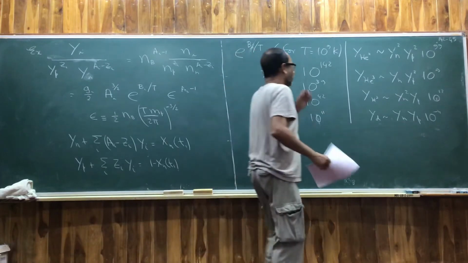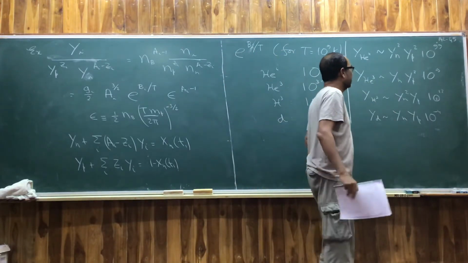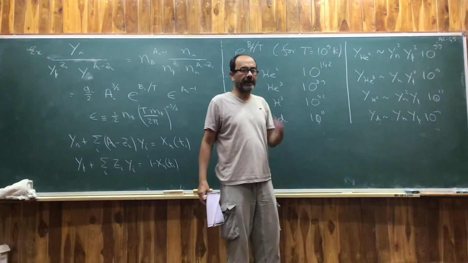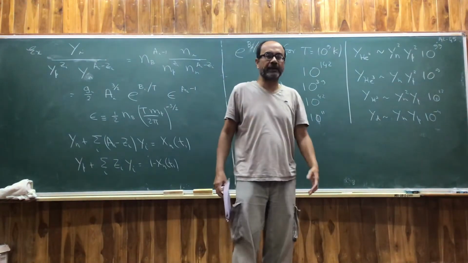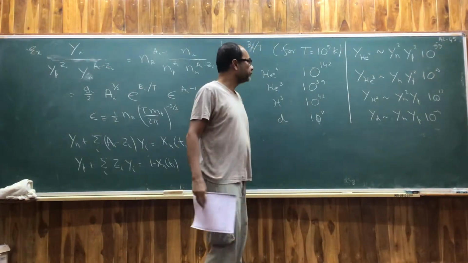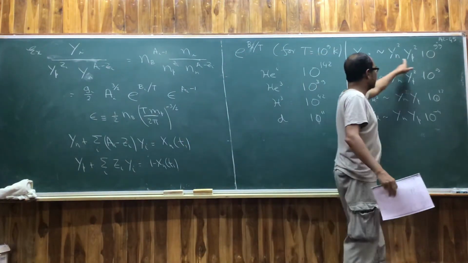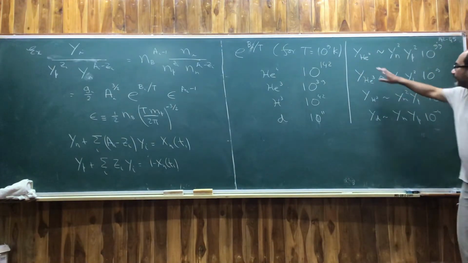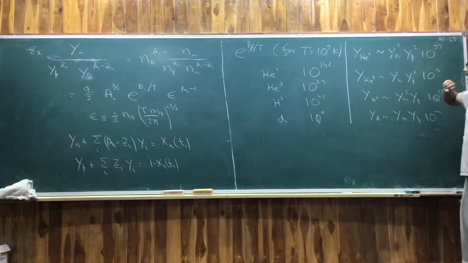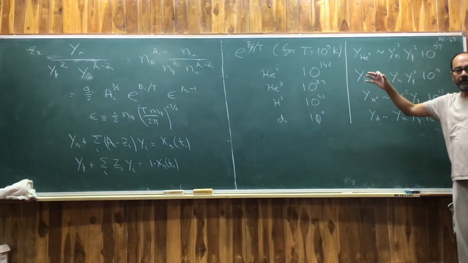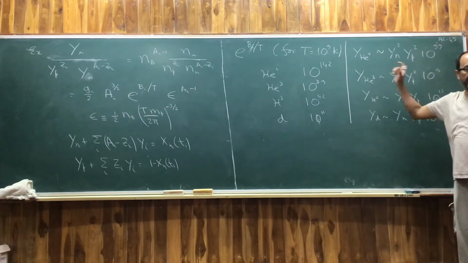So all the Y's are less than 1. They are all fractions. Y is the number of nuclei, or number of neutrons and protons, divided by the total number of baryons, so obviously it's all less than 1. If you look at this equation over here, because this number is less than 1, either Y_n or Y_p has to be very, very small. Otherwise you cannot balance this equation.